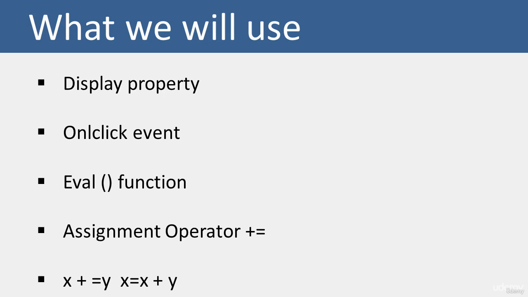So the plus equals operator is the same thing as x plus equals y, or x equals x plus y. I hope it makes sense. If it doesn't, let me know. I will try and explain a bit more.